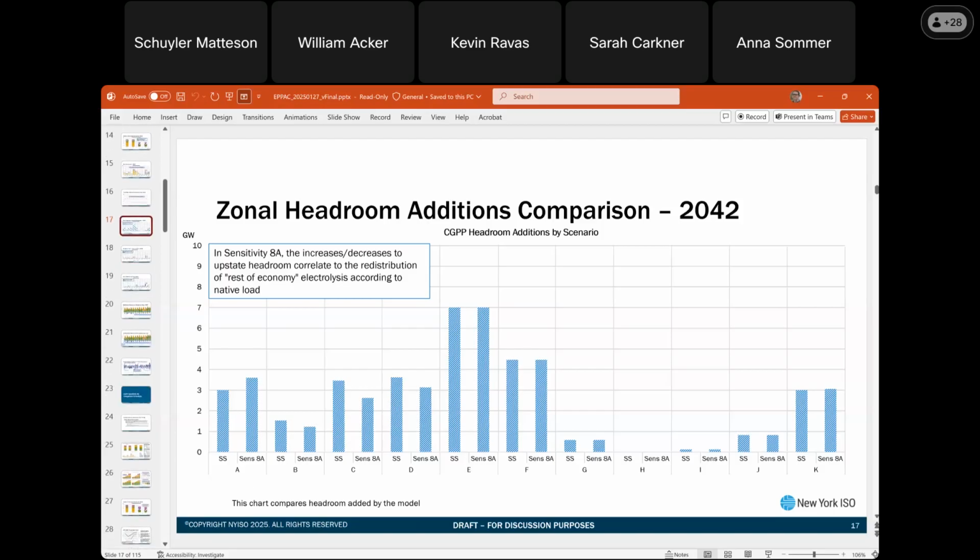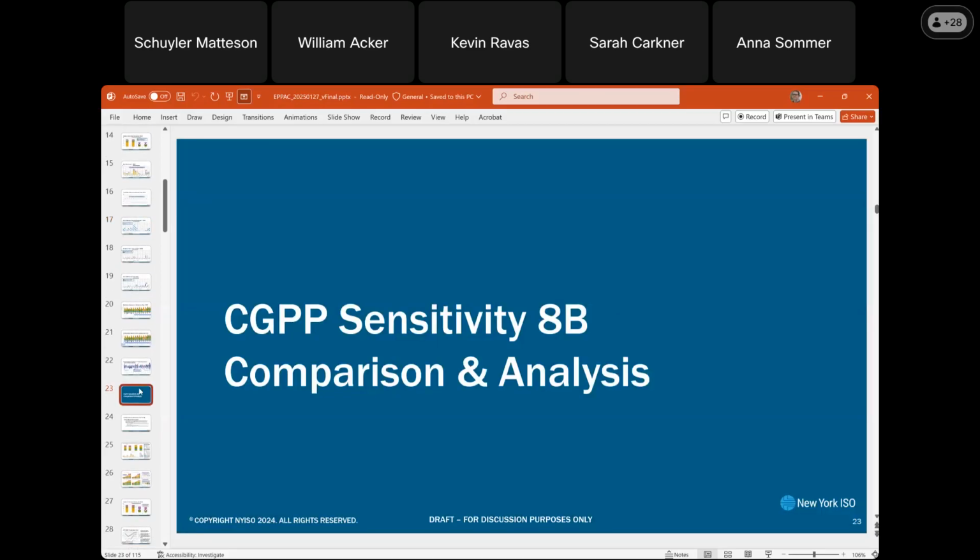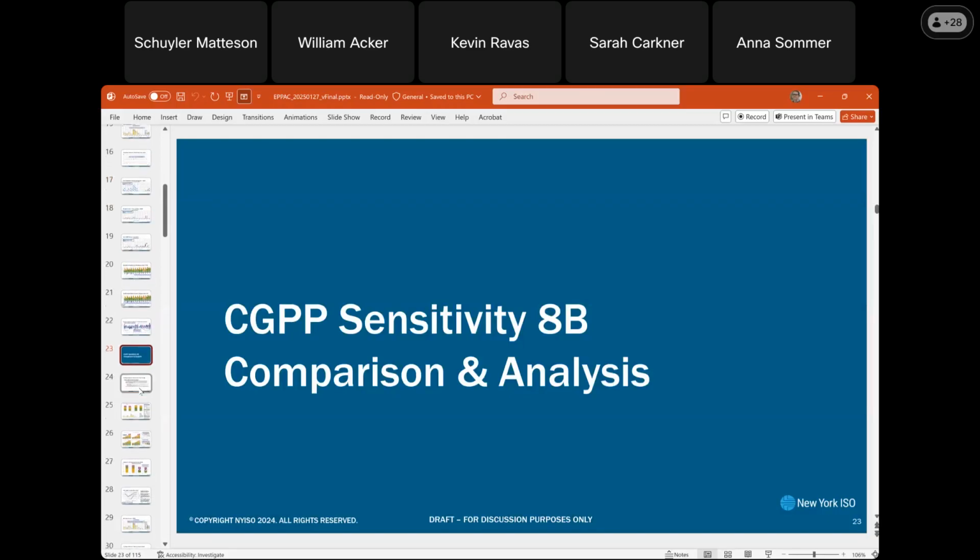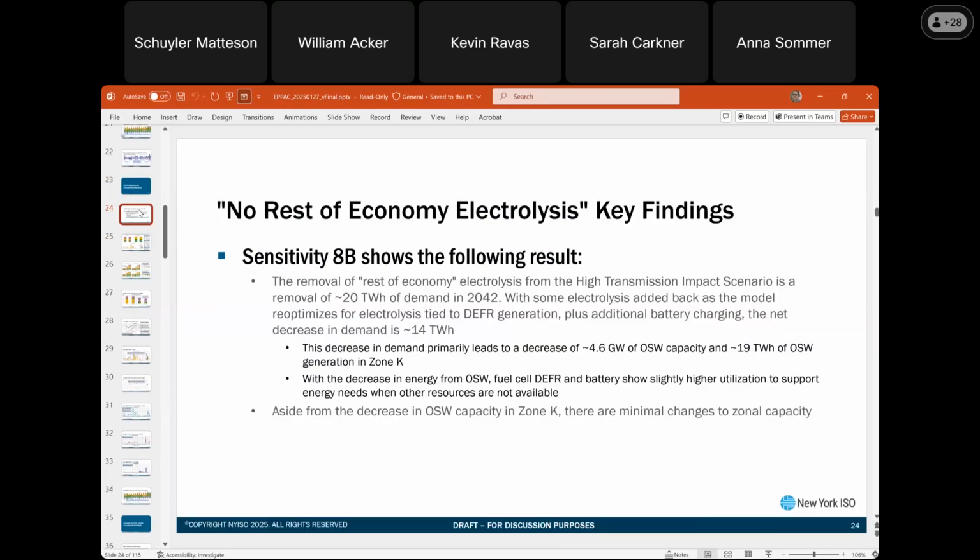So with that, I will move on to sensitivity 8B here. So with this case, again, it's based off of scenario 3. And when we remove the rest of economy electrolysis from that case, it's a removal of approximately 20 terawatt hours of demand in 2042.